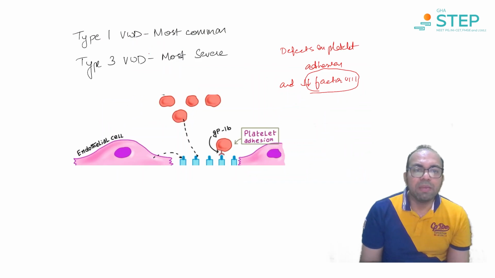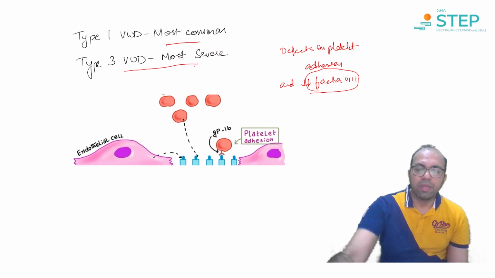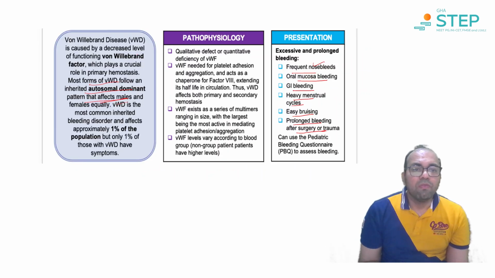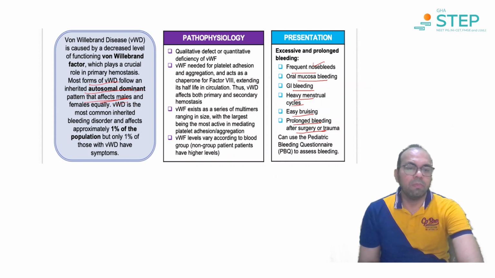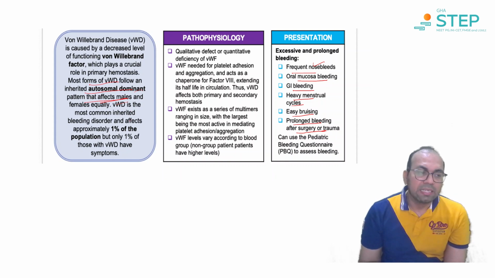Type 1 is most common and type 3 is most severe. Most of them follow autosomal dominant pattern of inheritance except type 3, which follows autosomal recessive.